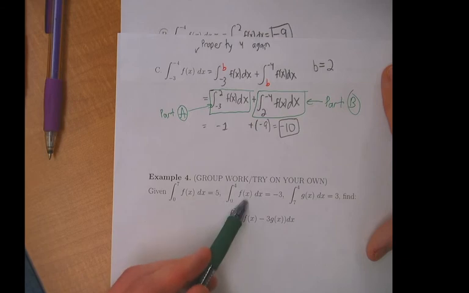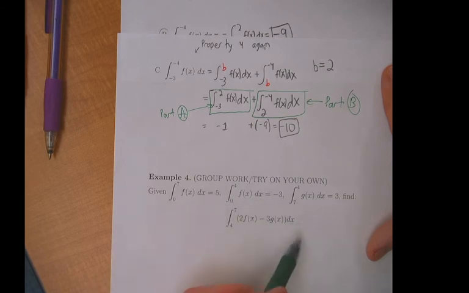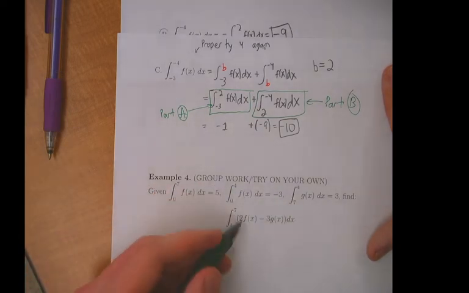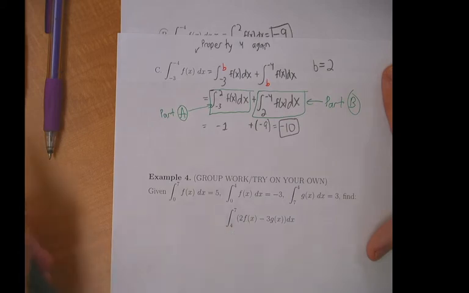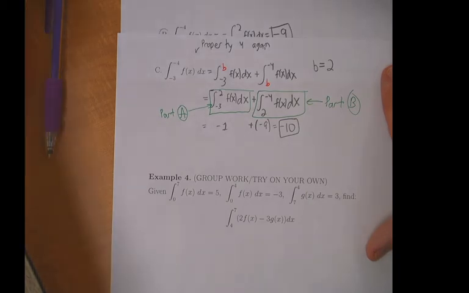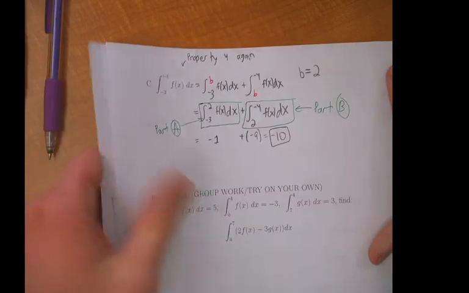The integral from 0 to 4 of f of x is -3, and the integral from 7 to 4 of g of x is 3. We have to figure out the integral from 4 to 7 of 2 times f of x minus 3 times g of x. Why don't you take some time to figure this one out? I'll give you about 5 minutes. We'll reconvene at about 9:08.